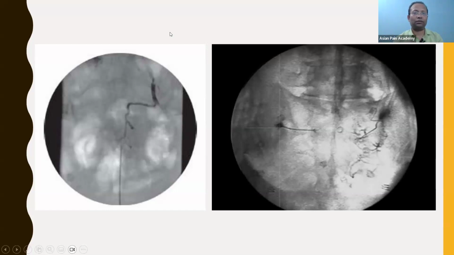Okay, just a minute. So this is the vascular spread. This is the vascular spread.